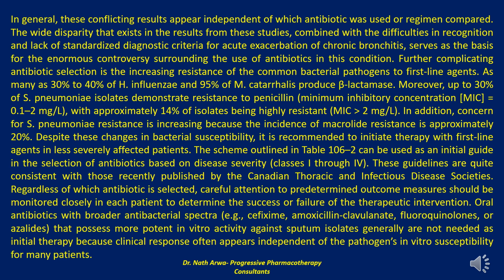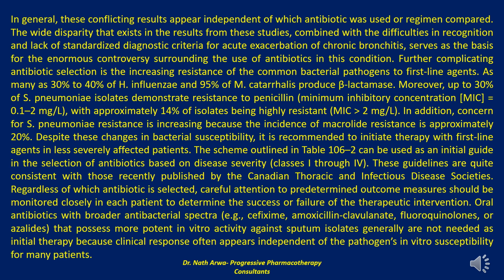Despite these changes in bacterial susceptibility, it is recommended to initiate therapy with first-line agents in less severely affected patients. The scheme outlined in Table 106-2 can be used as an initial guide in the selection of antibiotics based on disease severity, classes 1 through 4.